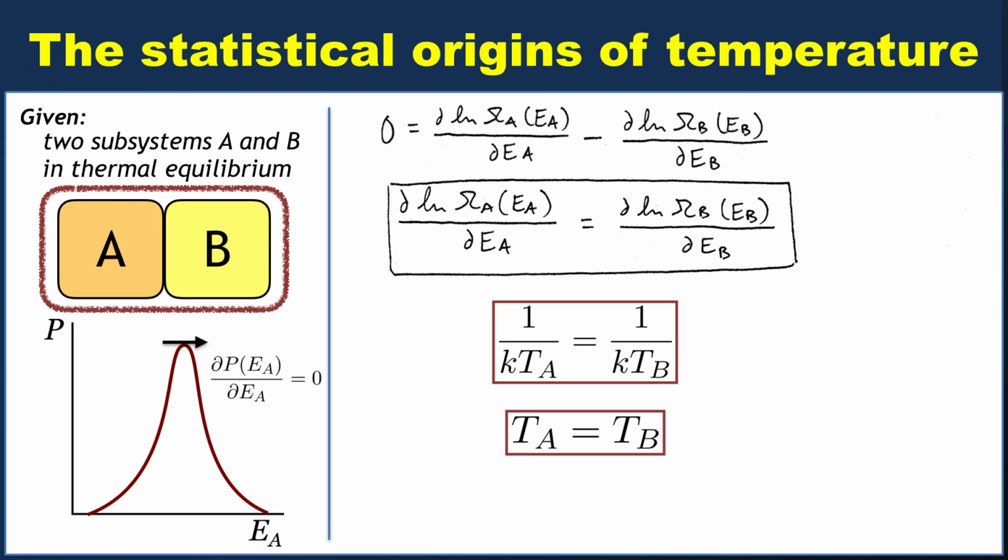That gave us the relationship ultimately that partial ln of omega with respect to energy for both of the subsystems must be equal. The tough part is realizing that that quantity corresponds to 1 over the Boltzmann constant times the temperature. In class, we'll come up with further evidence that this is indeed the case, and this is a statistical way of understanding the origin of temperature, namely that if you have two subsystems in thermal equilibrium, their temperatures must be equal.